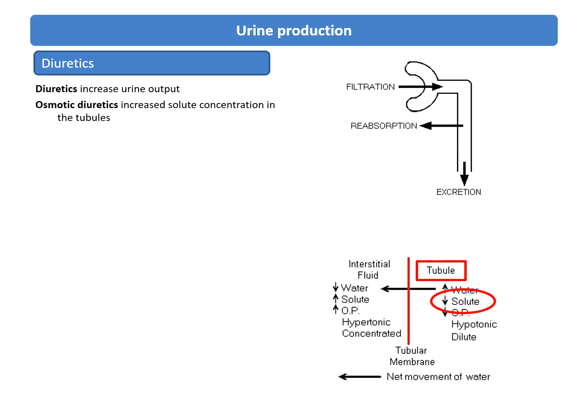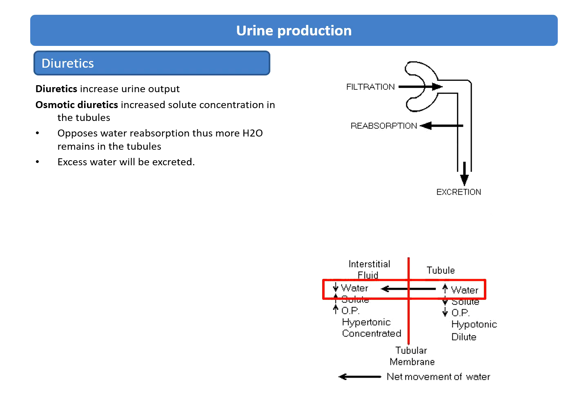Osmotic diuretics increase solute concentration in the tubule. When that happens, it opposes water reabsorption. Thus, more water remains in the tubules. Excess water will be excreted, so there may be a large increase in the flow of water from the body.